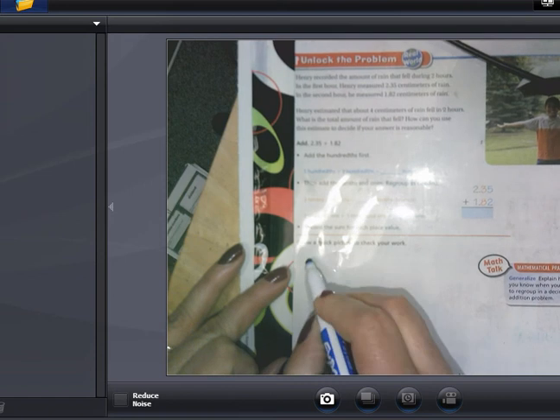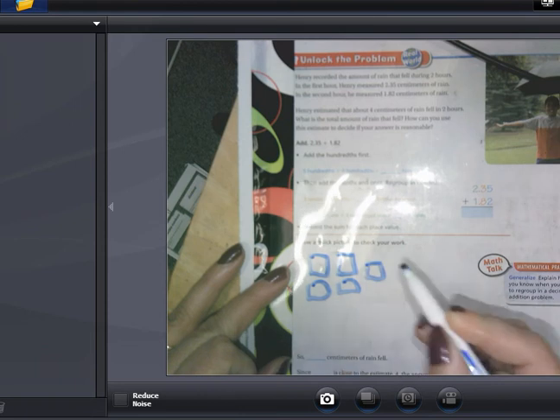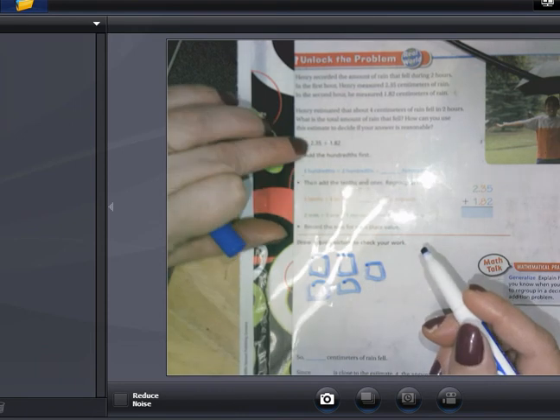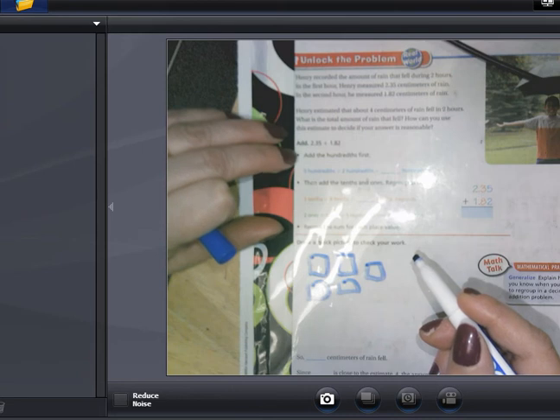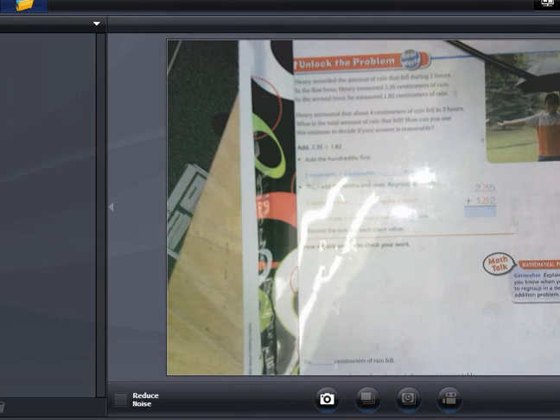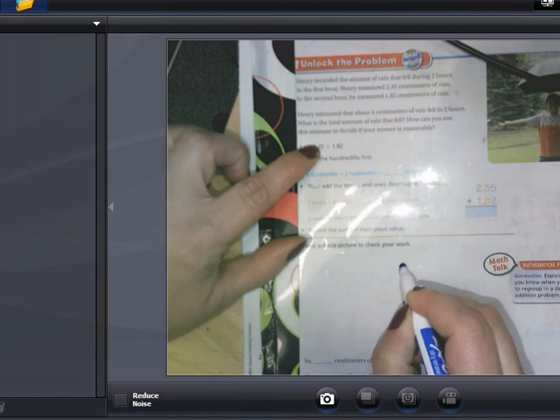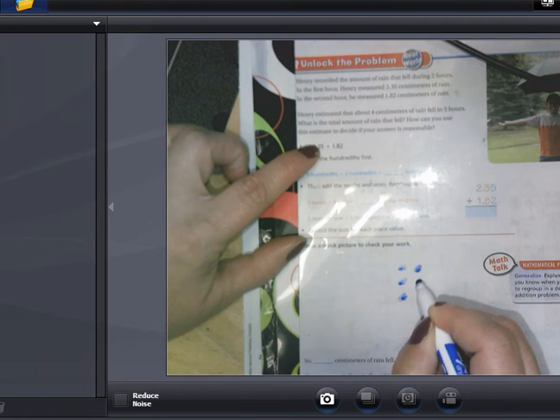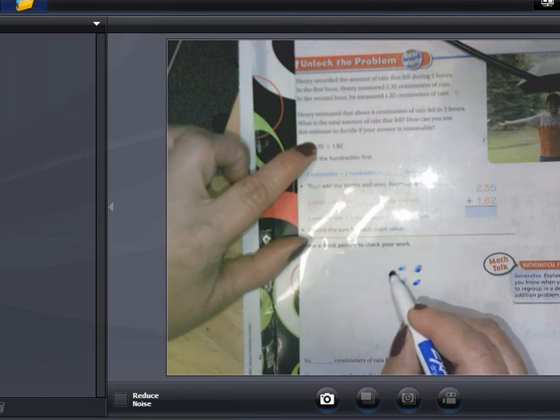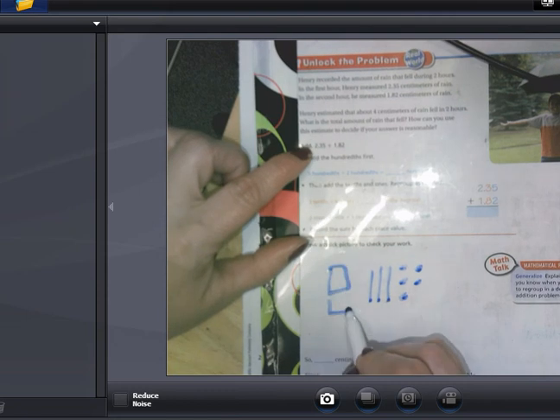So it said I had 500s, so I'm going to draw 5 of these, 1, 2, 3, 4, 5. It told me I had 3 tenths. And it told me I had 2 whole ones.